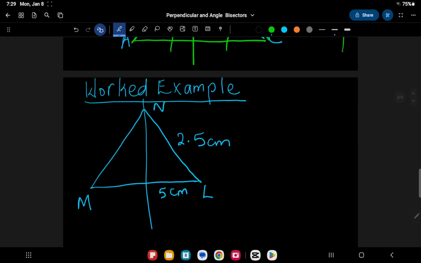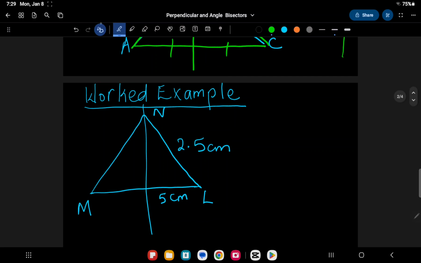We are given this triangle MNL, and let's say that MN is equal to NL. So if NL is 2.5, that makes MN 2.5 based on the perpendicular bisector theorem.